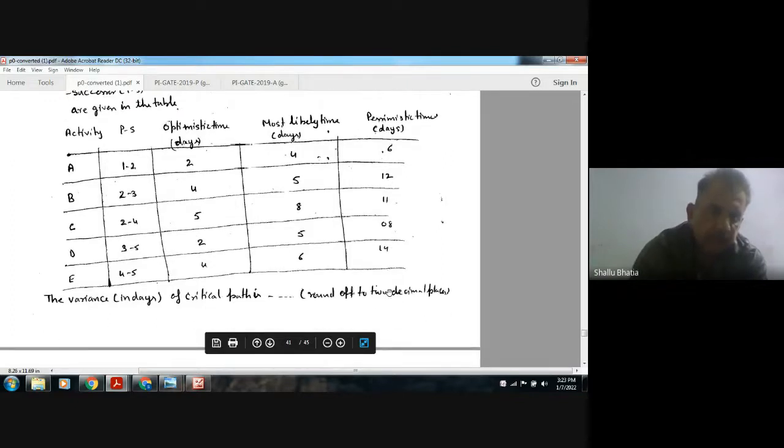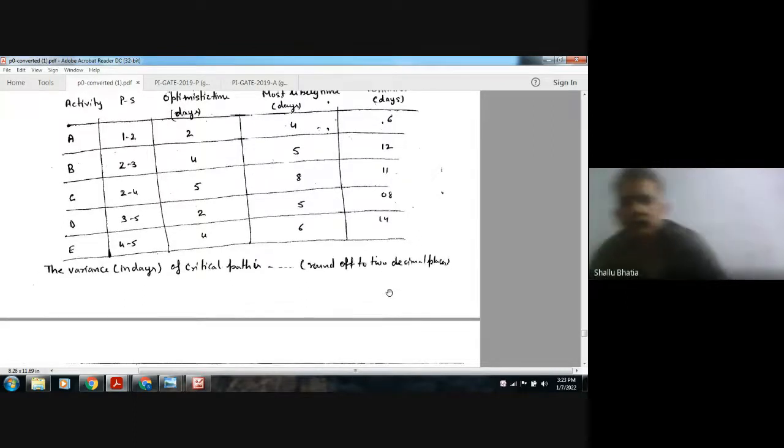Okay. Now we have to consider various other critical paths. So first of all, we have to find out the critical path.